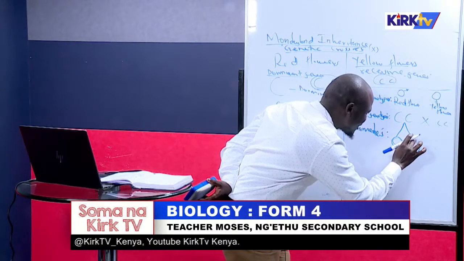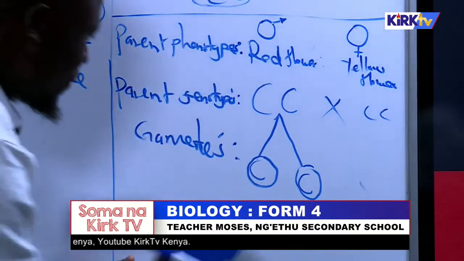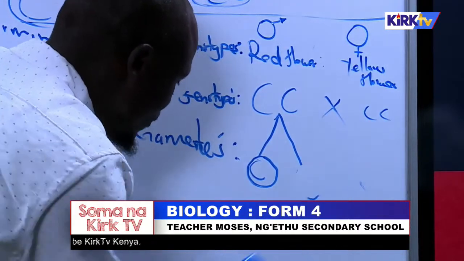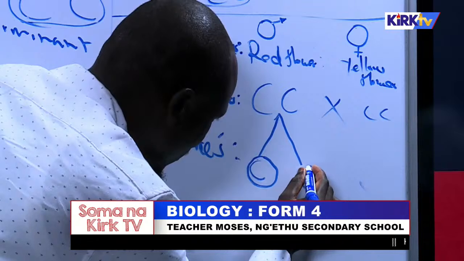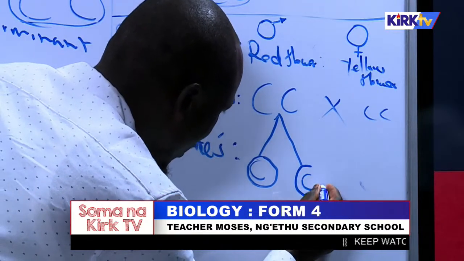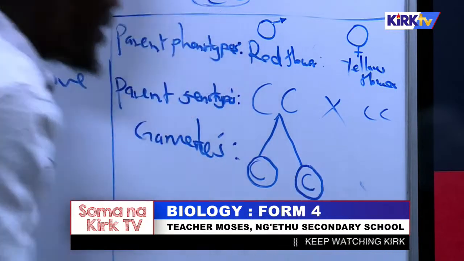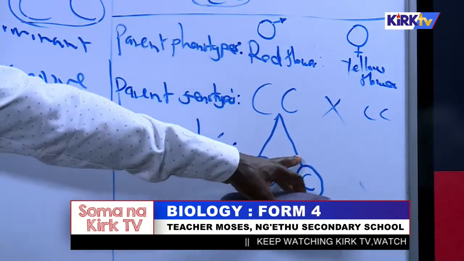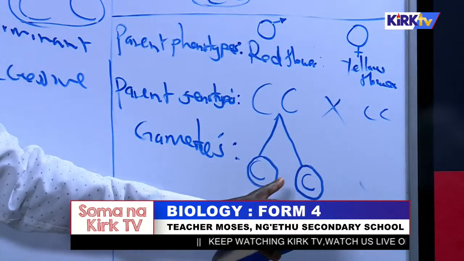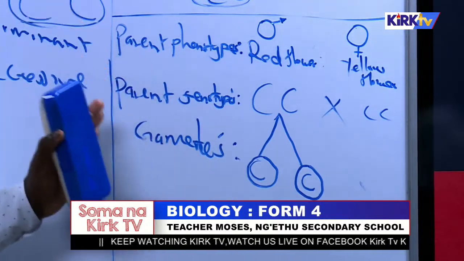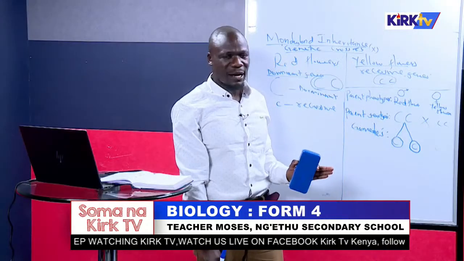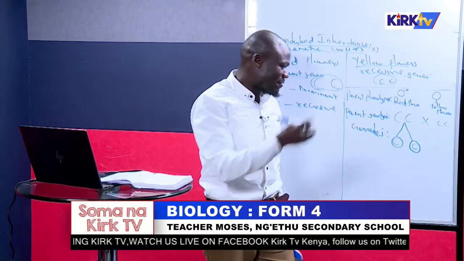The line should touch the edge of the circle. If that doesn't happen, it will be considered a wrong diagram. So those must be observed.